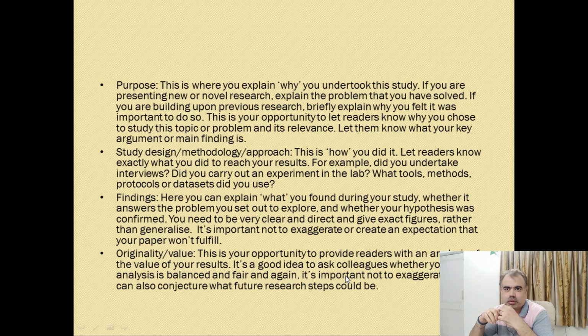I have one paper in it, and in all of their journals they follow these guidelines. They basically write the abstract in this manner. By writing the abstract this way, one can have a clear understanding of the purpose, the methodology, the findings and the originality value, which gives a clear understanding of the paper and what the author did in his or her full paper.